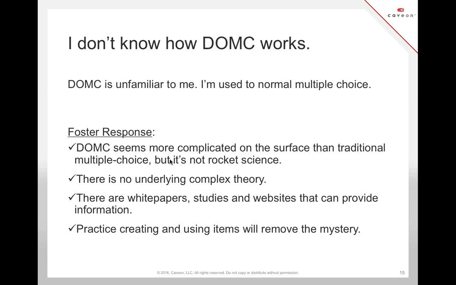After 35 years in the industry, I know a whole lot less about traditional multiple choice than I do about DoMC, and I've been using it for that long, and even before that. So once you dig deep into the traditional multiple choice, it is every bit as complicated, if not more so. But that's not today's topic.